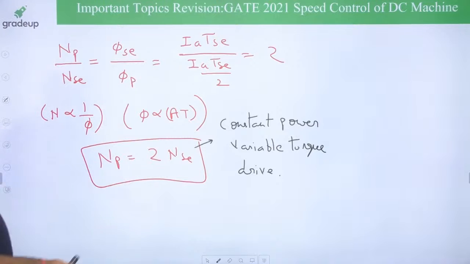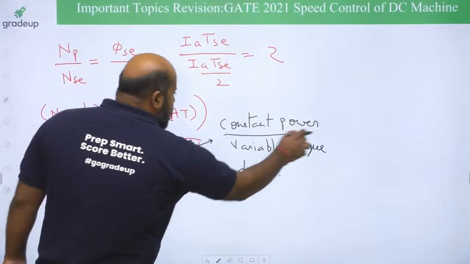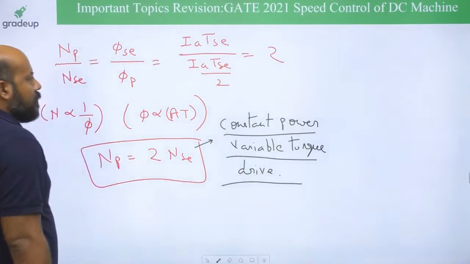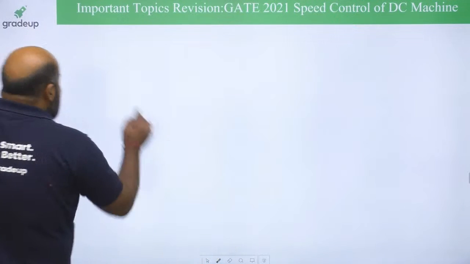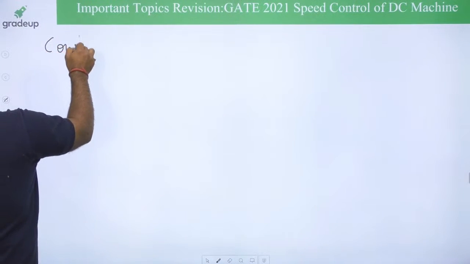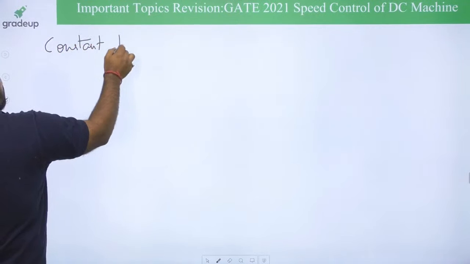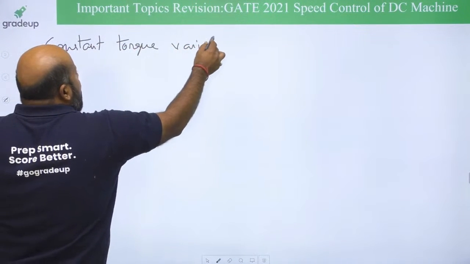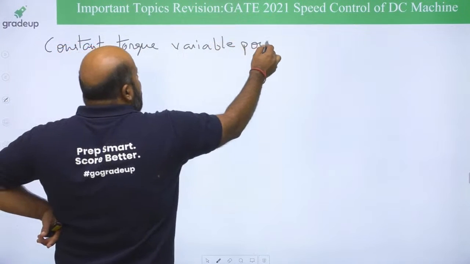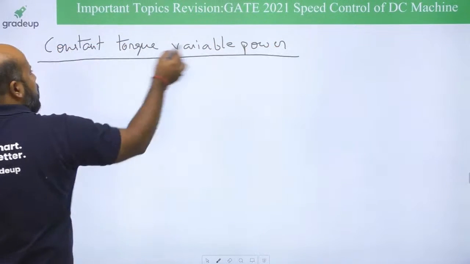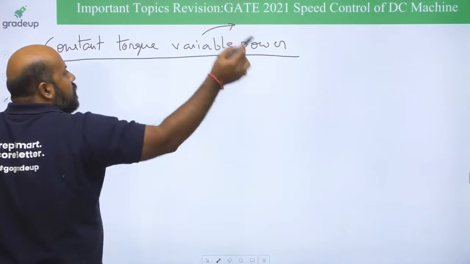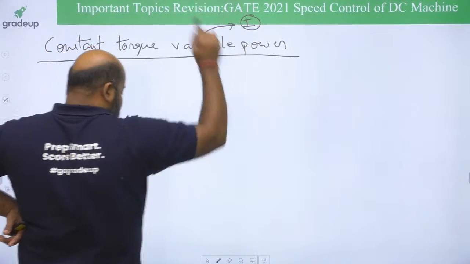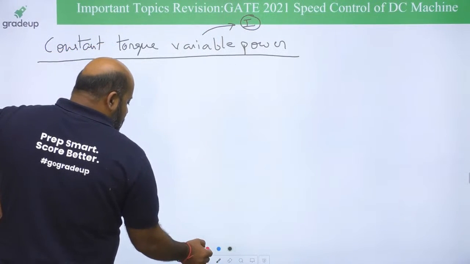Now suppose I want to see, if the same method I am using for the constant torque and variable power, what is going to happen. Variable power means voltage you are not changing, but suppose current you are changing.